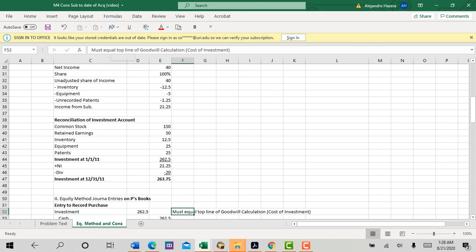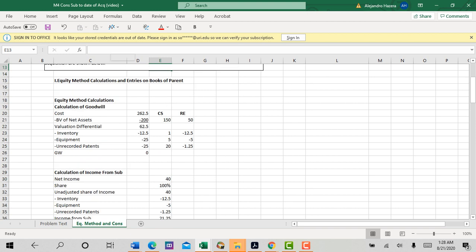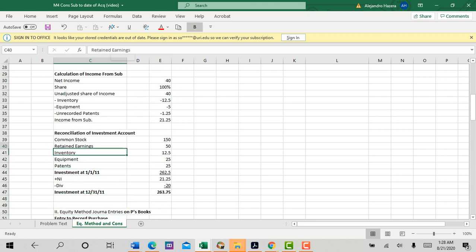Notice I always start with those equity items, common stock of 150, retained earnings of 15. And then in this case, you add the items that were revalued: inventory, equipment, and unrecorded patents. And notice that, like we did in the other chapter, I reversed the sign, 12.5, 25, 25, because they were actually written up. Their fair market value was greater.